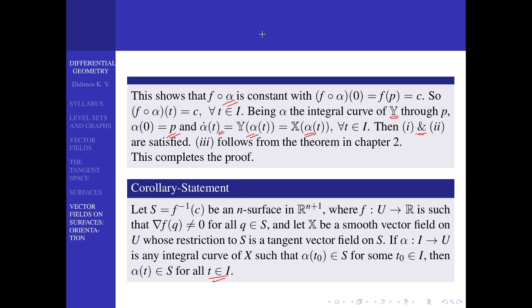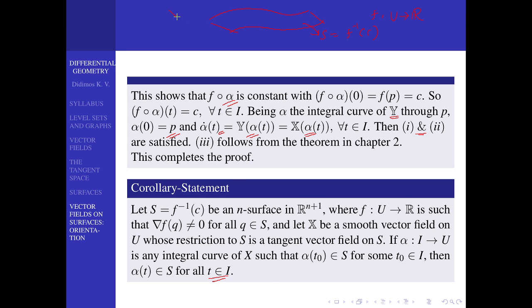So I'll explain the statement of the theorem. Suppose we have a surface like this. This is what we called S equal to F inverse C, with F a function from U to R with del F of Q not equal to 0, and X a smooth vector field on U whose restriction to S is a tangent vector field.